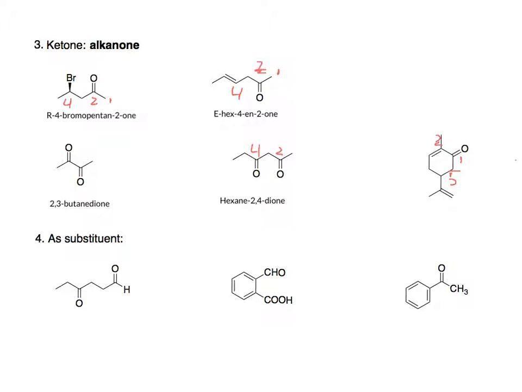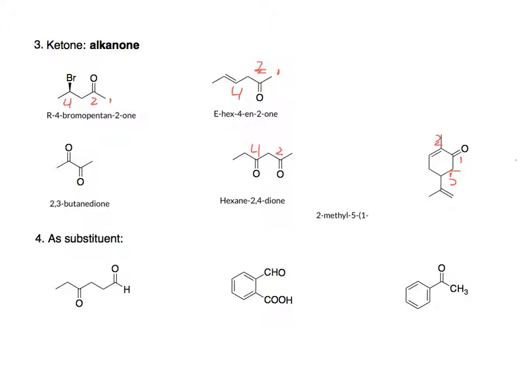Therefore, to name this molecule, we need to identify that there is a methyl group on carbon number 2, and a substituent on carbon number 5, which needs to be named by identifying the substituent on the substituent.